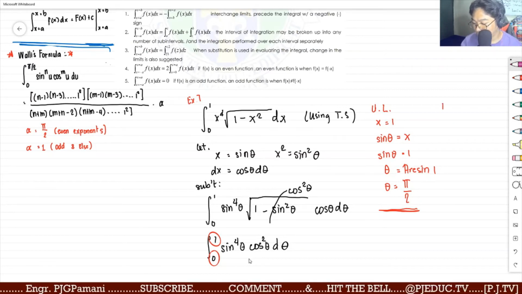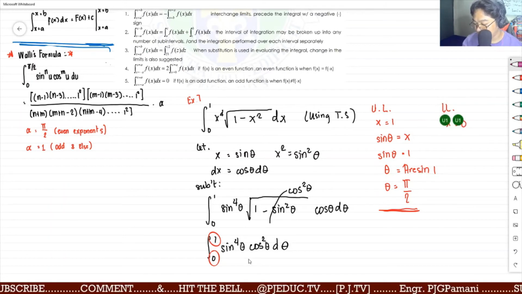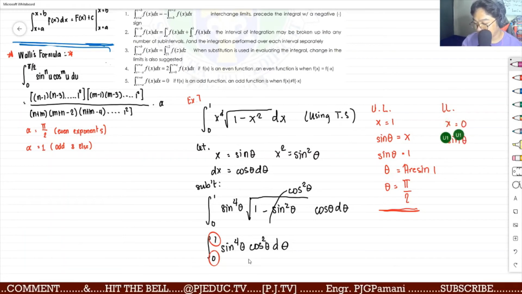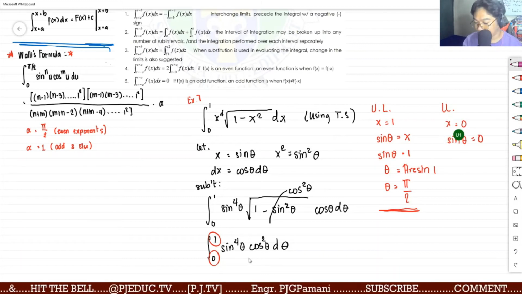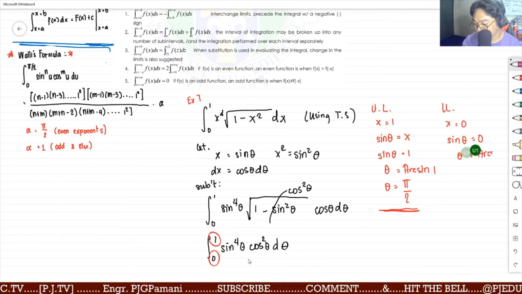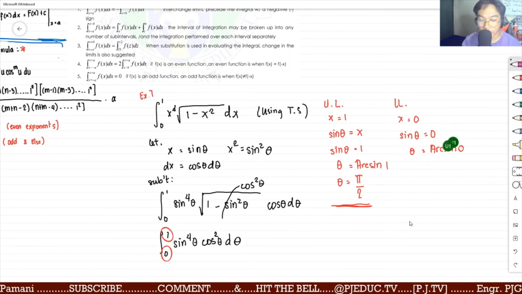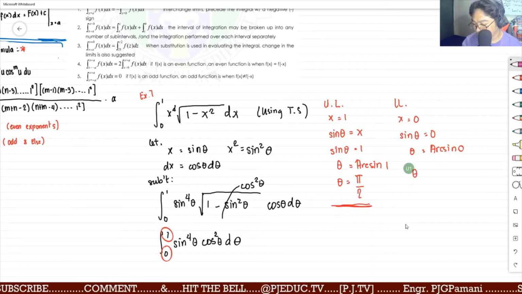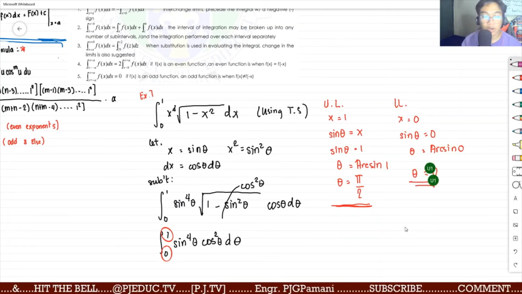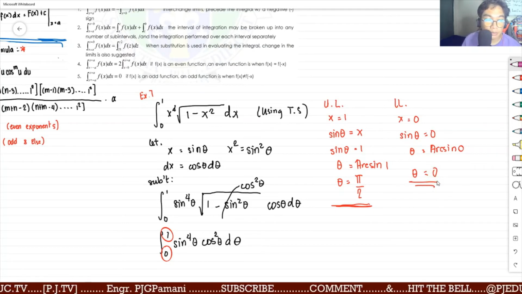So for lower limit, if x is equal to 0, sine theta is also equal to 0, and theta is equal to arc sine 0, right? So theta arc sine 0 is simply equal to 0. Now we already have solved our lower limit and upper limit.